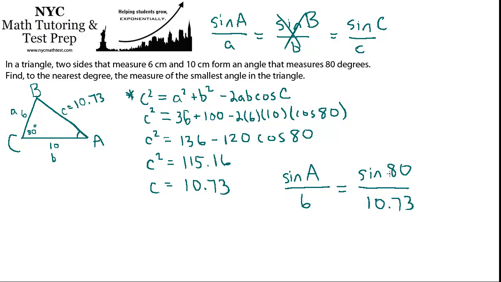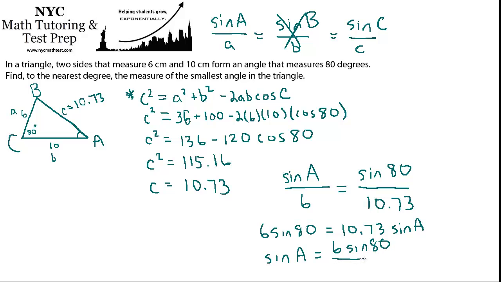And now, if you cross multiply, 6 times sine 80, and sine A times 10.73, and then divide both sides by 10.73 to get sine A by itself. So sine A equals 6 sine 80 divided by 10.73, and that turns out to equal 0.551, and I'm running out of room, so I'm going to jump over here.